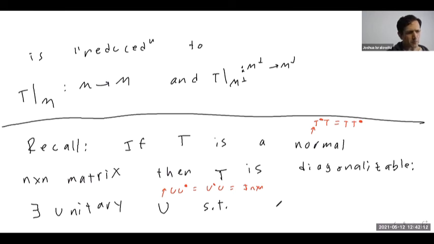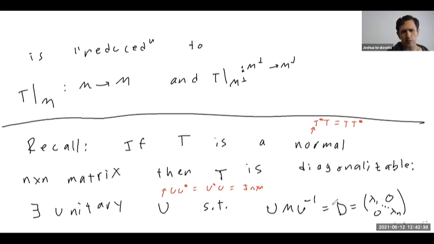So there's this unitary matrix where U T U inverse, or U star, same thing, is D, and D is a diagonal matrix, meaning with possible repeats, it's just zeros everywhere except on the diagonal.